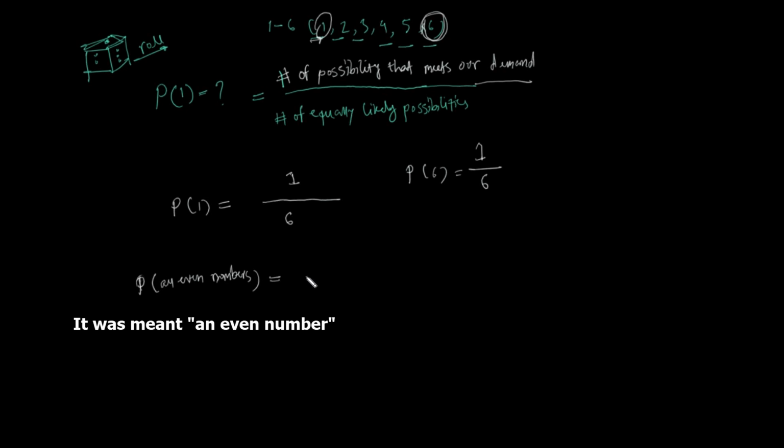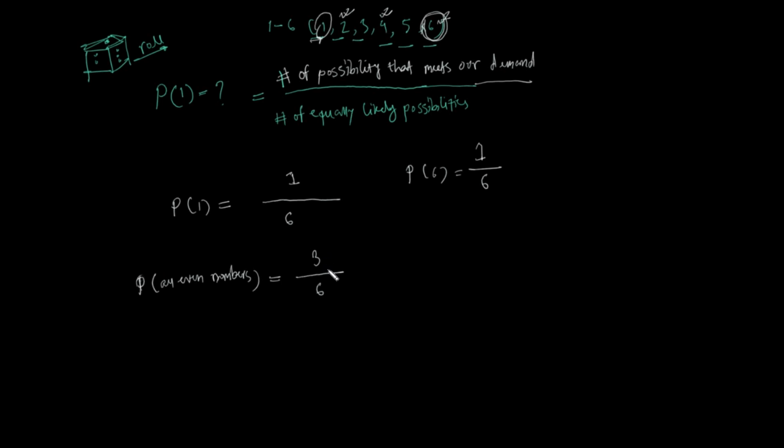Our number of equally likely possibilities is 6 here, as you can roll any number from 1 to 6. Out of that, how many are even numbers? That means 2, 4, and 6 are even numbers. So we have 3 possibilities that meet our demand.